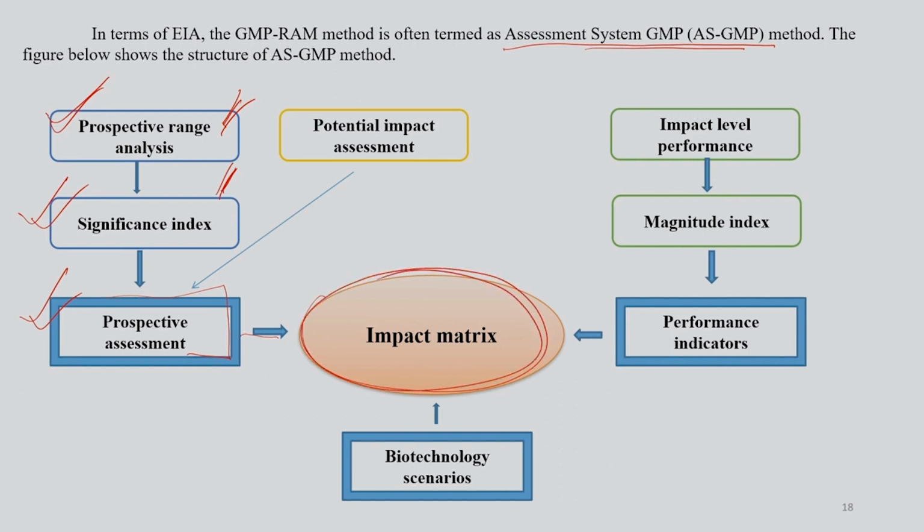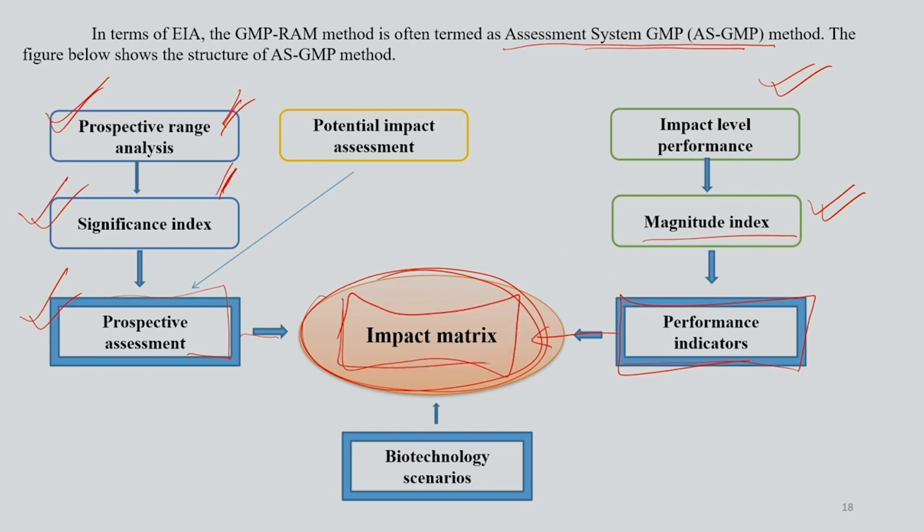Okay? And on the right hand side, where you are studying the impact level performances, here you use the magnitude index and come down to different performance indicators. These performance indicators also play a major role in the impact matrix formation.